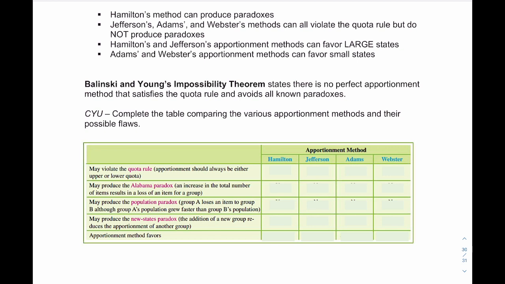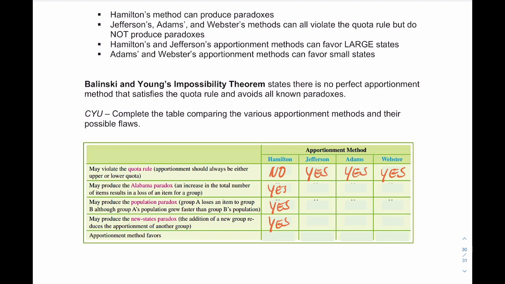Okay, so we know that Hamilton's does not violate the quota rule. It's the only one that doesn't. The other three apportionment methods do. But Hamilton's then has the paradoxes. So Hamilton can have any of these three paradoxes.